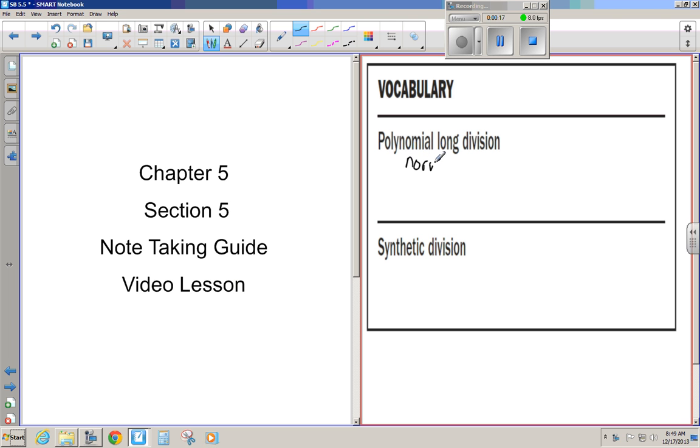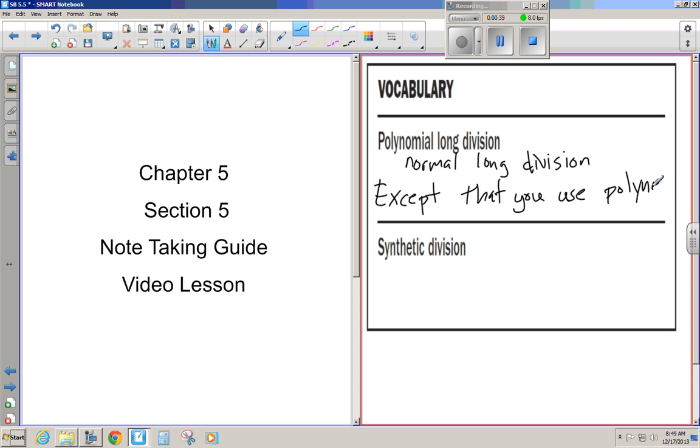It's the same process as normal long division, except that you're using polynomials.